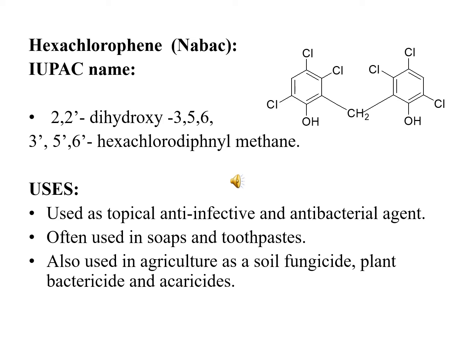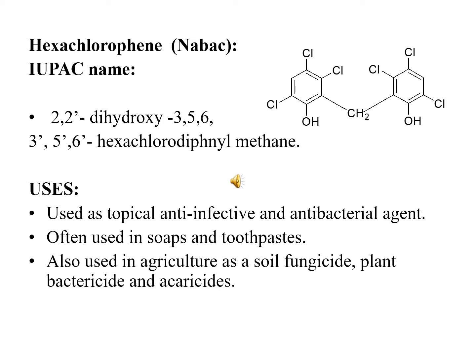That's why the name has hexa, meaning 6 chlorine, hexachloro, at 3,5,6 and 3',5',6'. How many phenyl or benzene rings? Phenyl is for benzene, so 2, diphenyl, linked with a methylene group, which is known as methane. So diphenylmethane.